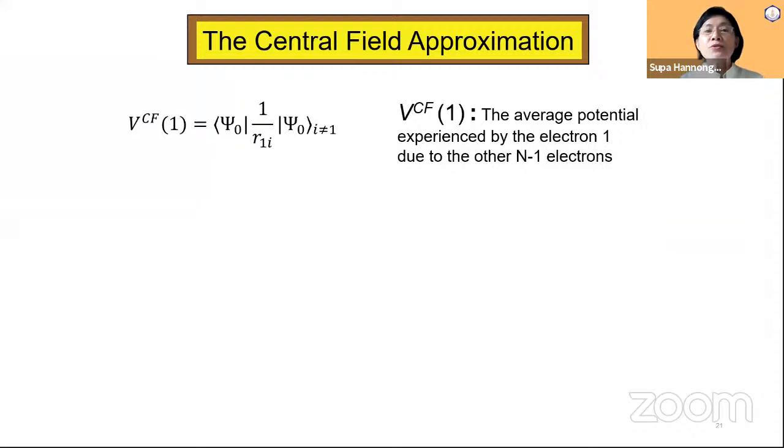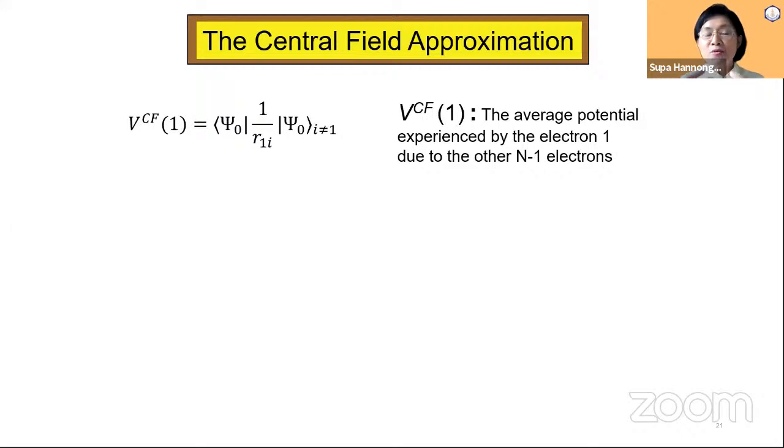And I have to mention to you a little bit that the Hartree-Fock is the central field approximation. This is the important keyword, central field approximation. What does it mean? It means that the potential that we are dealing with, actually we consider one electron among other electrons.